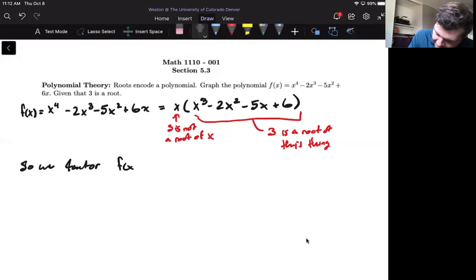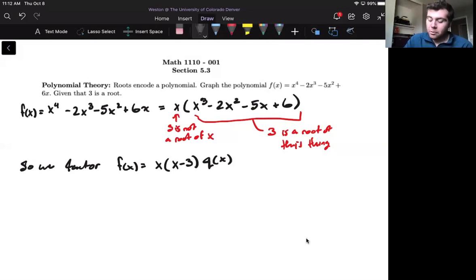Factoring, we get f of x equals x times x minus 3, and then there's some polynomial q of x that's multiplied to it, where the degree of q of x is exactly 1 less than this cubic, so it's 2.